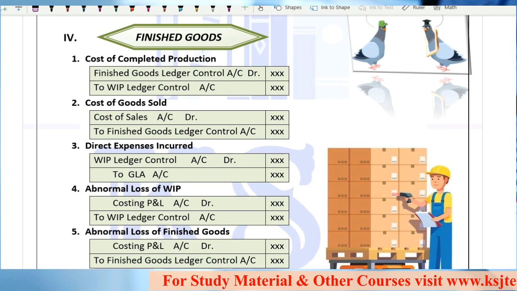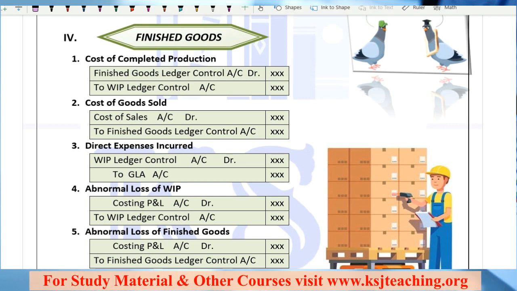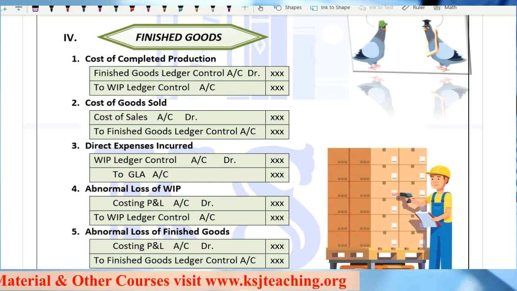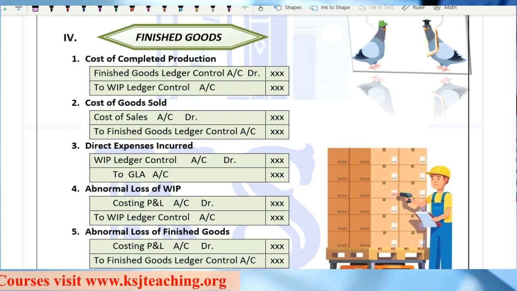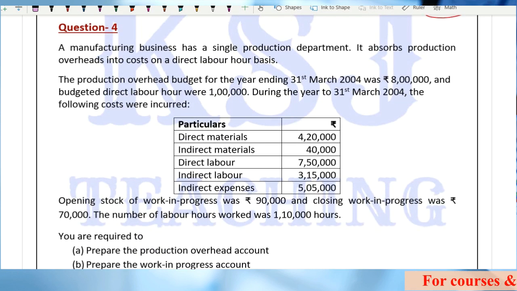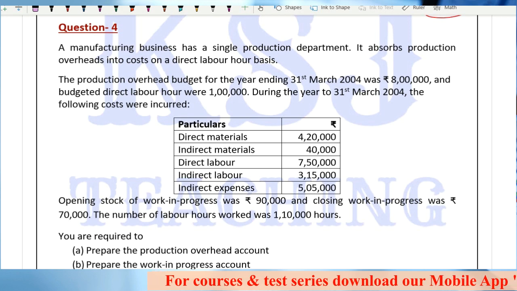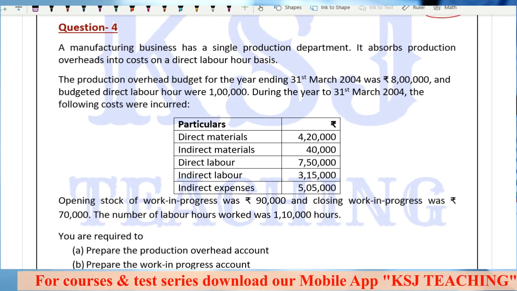We are in no hurry. The most important thing is the concept should be cleared from the practical point of view also, that how the practicals are to be attempted. Let's read question number 4 carefully. This file is available again on our Android mobile app, so you can get it from there.